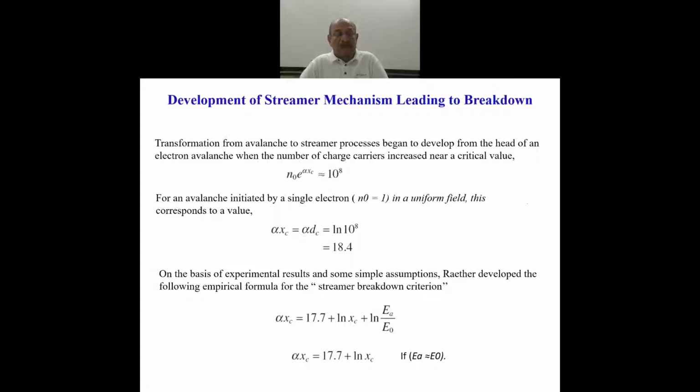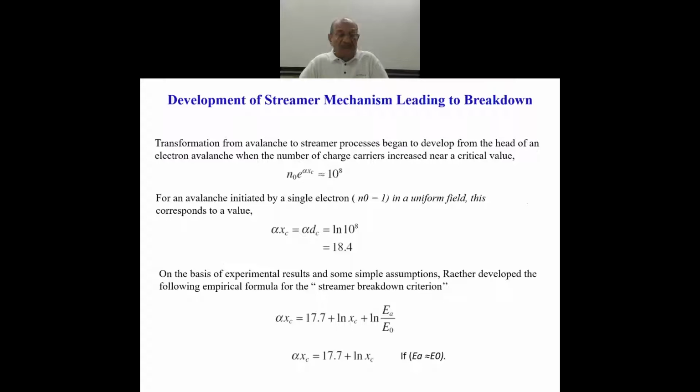The time taken from the initiation of a single avalanche to the accomplishment of the breakdown is calculated through this theory as the time required by the drift velocity of electrons. That means the drift velocity of the electron at the cathode, how much time it takes to reach the anode, and that determines the total time required for the breakdown.